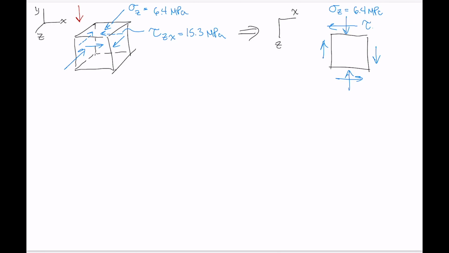So tau zx is 15.3 MPa. Okay. So now we're in a position where we can draw Mohr's circles. So let's set up our axes first.